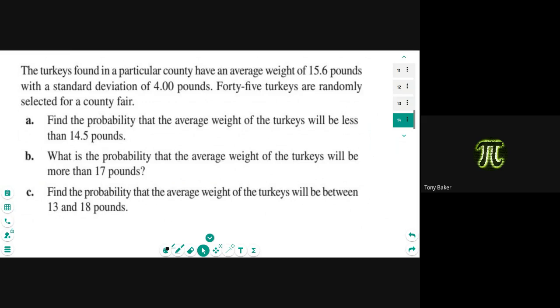14.5. 14 minus 15 and then over 1.7. Sorry, 16. So z equals... That's not the formula we're using because we're not looking for x.